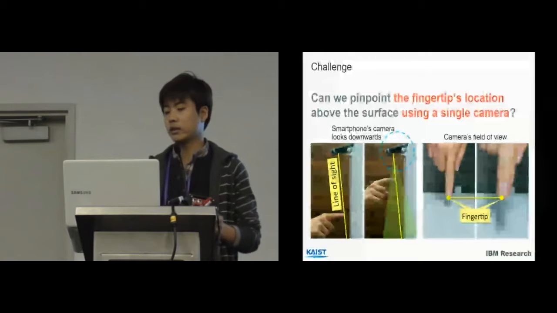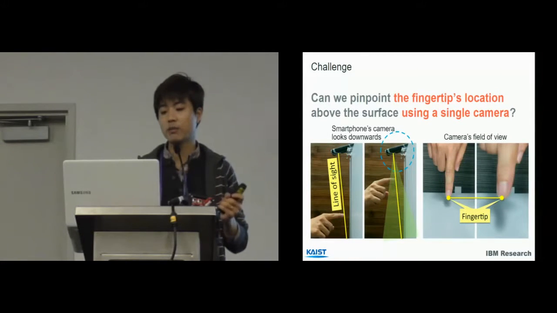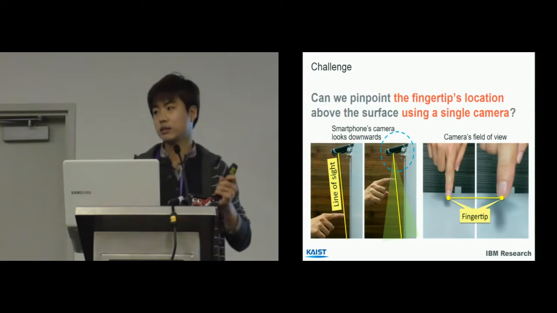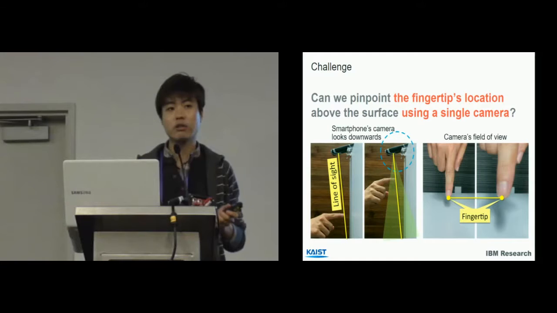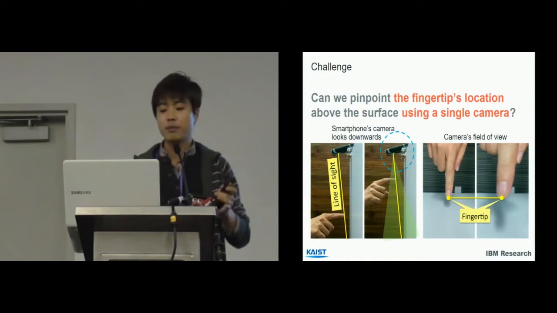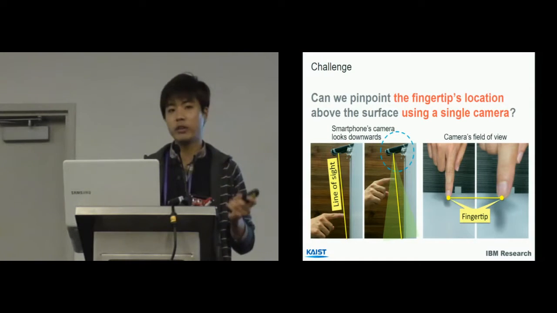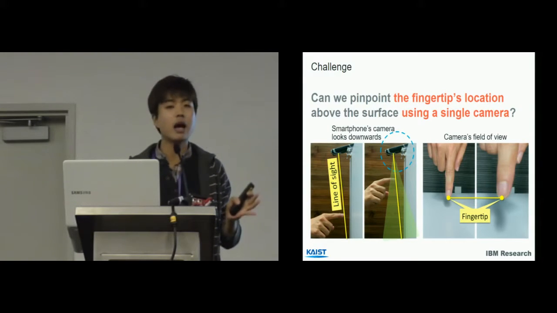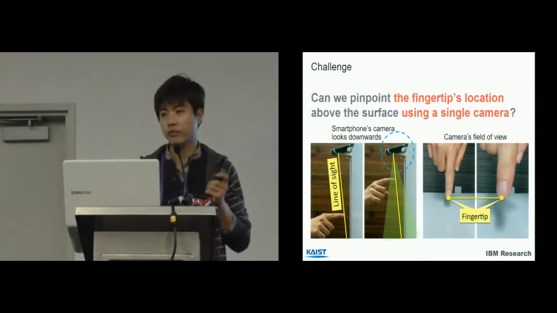If the two fingertips are located on the same line of sight, the fingertip images in the camera's field of view appear at the same position as shown in the right two pictures. Because of the ambiguity in the fingertip location, existing works require specialized hardware to pinpoint the fingertip location.